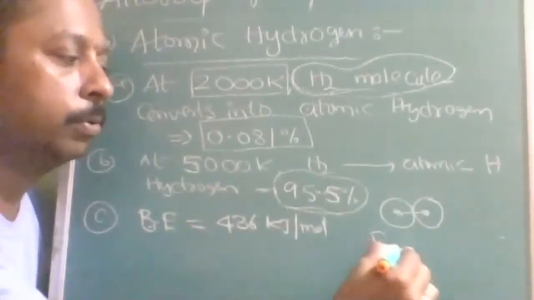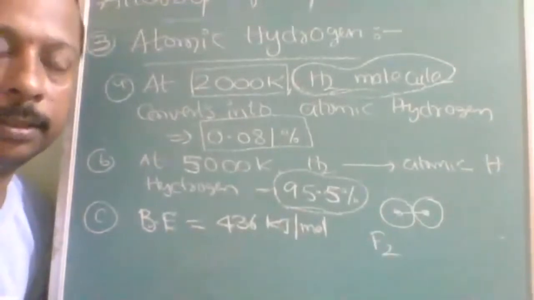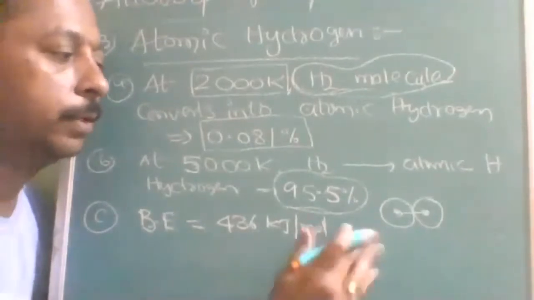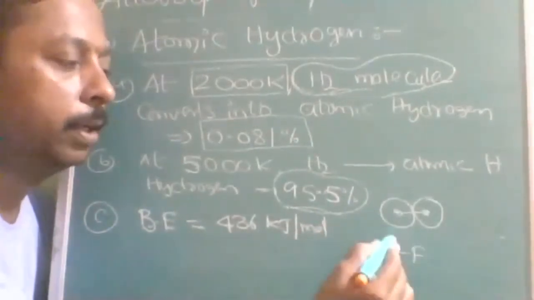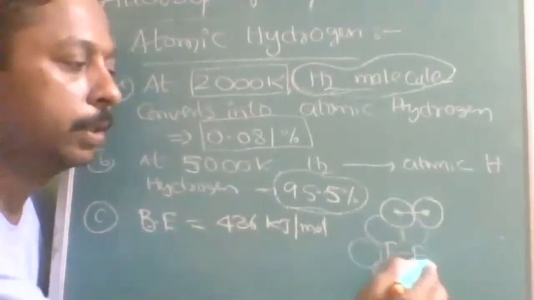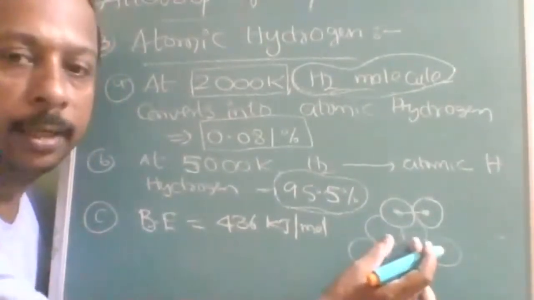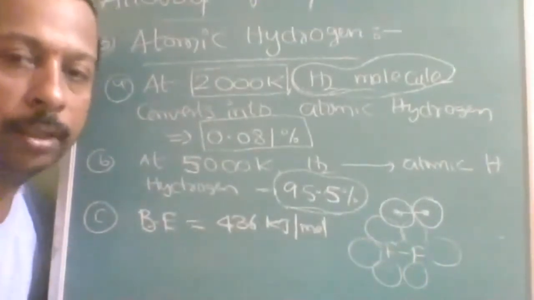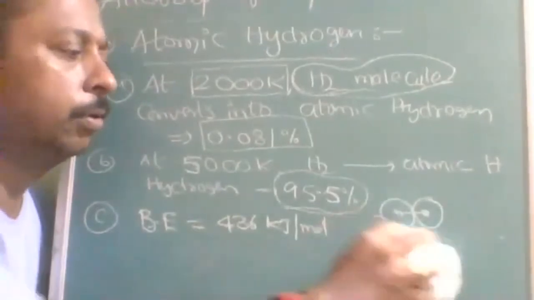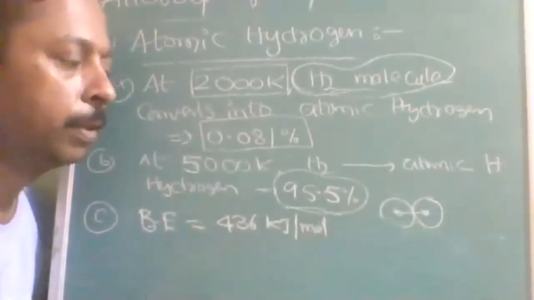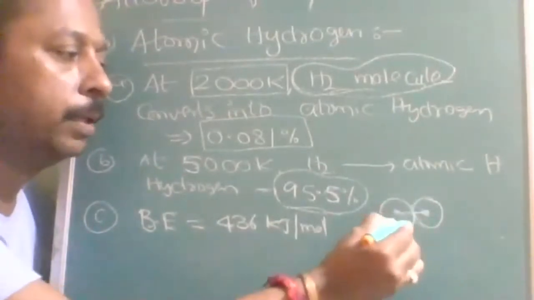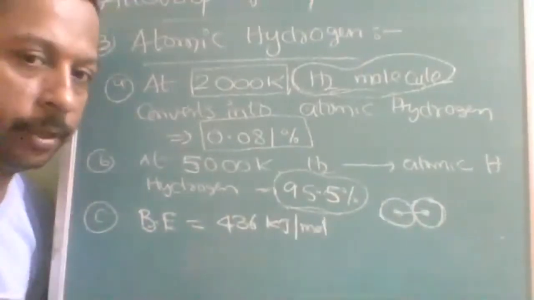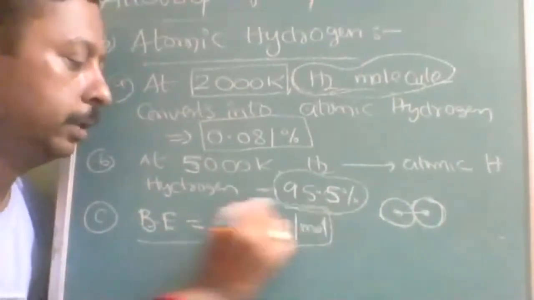Fluorine is supposed to have high bond energy, but it has lower bond energy, an exception, due to repulsion between the lone pairs of both atoms. But there are no such lone pairs on hydrogen. So lone pair repulsions are absent and atomic size is very small. Therefore, bond length is very small. Therefore, bond energy is very high.